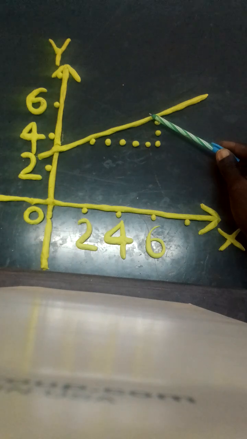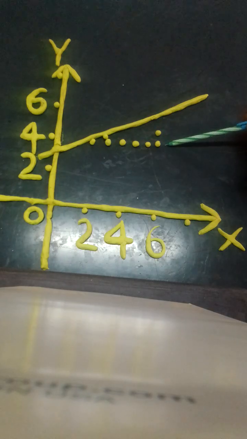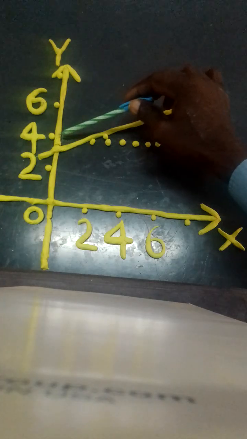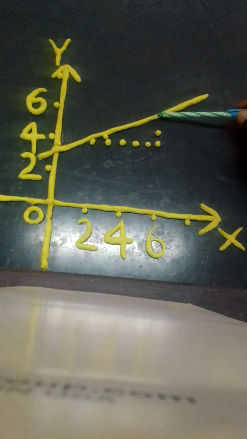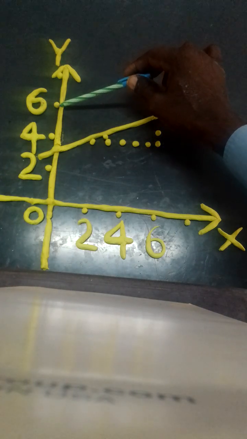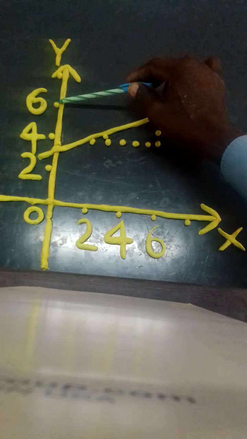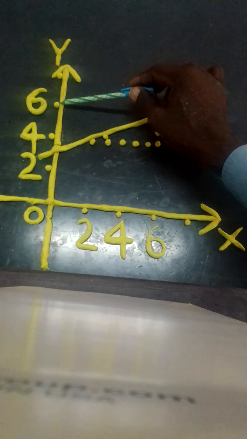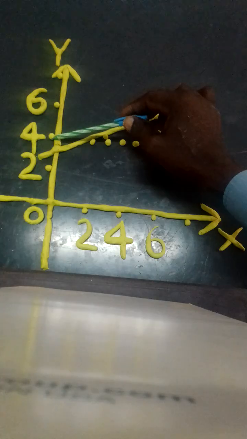We want to find the gradient of the line using this portion, from here to here along that line. At this point, the value of y is 4. That is y1. And at this point, the value of y is 6. That is y2. So to find the change in y, you take the second value of y minus the first value of y. That is y2 minus y1. In this case, 6 minus 4, you get 2.